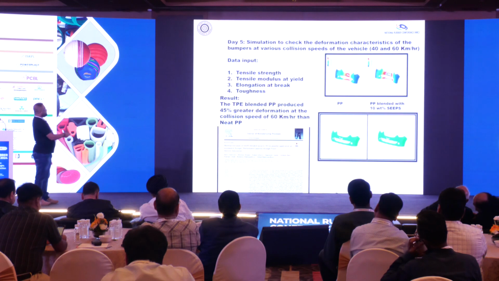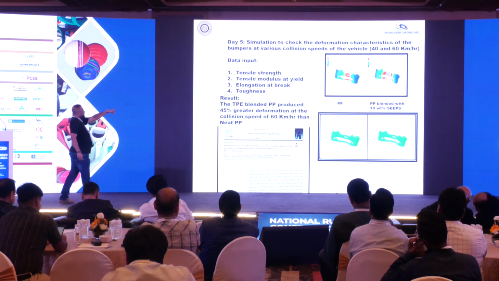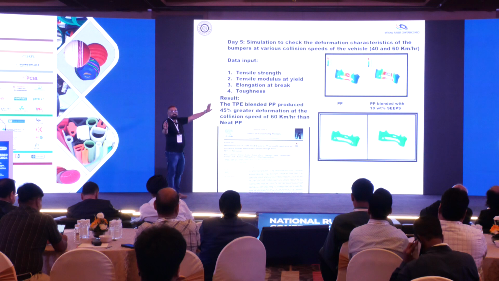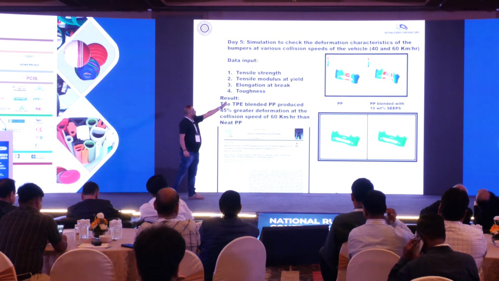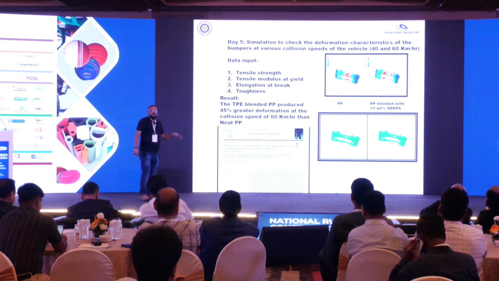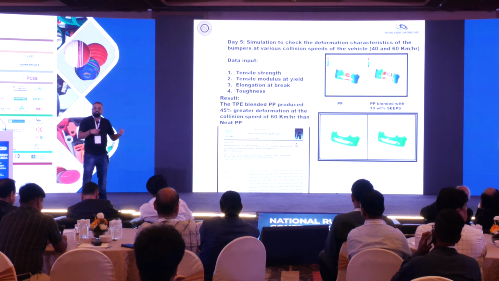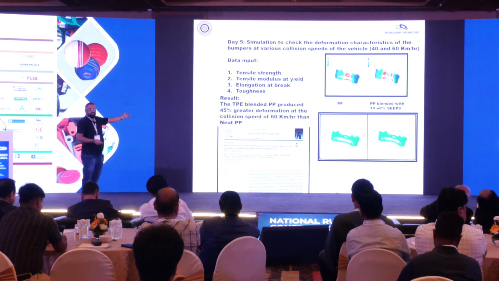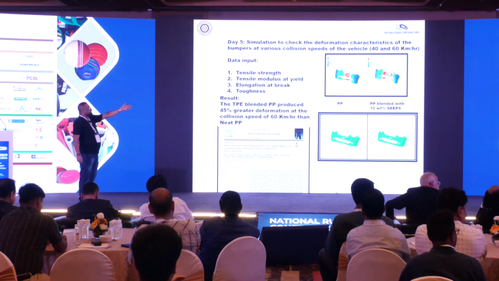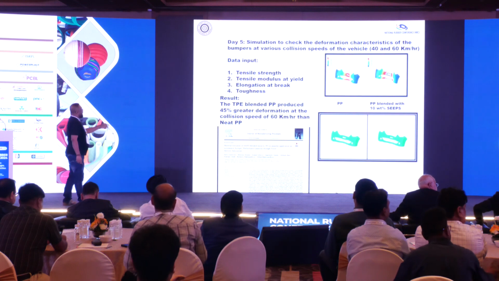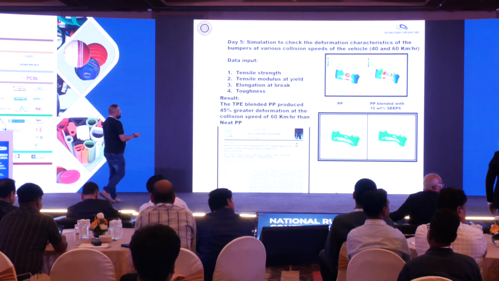And here you see that we did that design, and the boundary condition is that on the two sides it was locked, and in the middle the stress was applied, and it was assumed that if that bumper is fitted and undergoes a collision or an accident, so we varied the vehicle speed at 40 kilometers per hour, 60 kilometers per hour, and we measured how much deflection we can get.